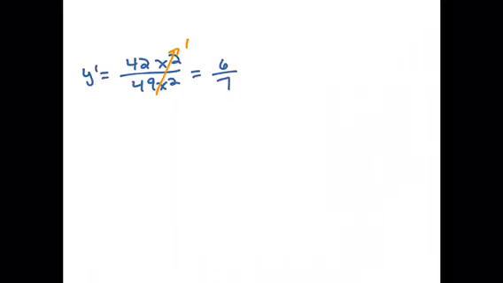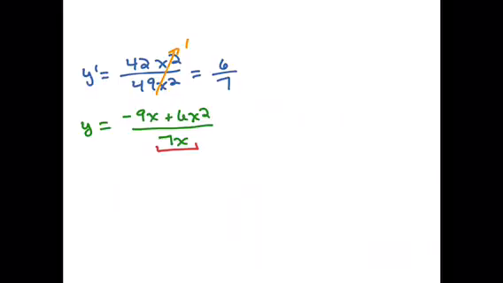Now, I want to go back and look at the original function we were working with. For this function, we only have a single term in the denominator. By that, I mean I don't have more than one term separated by addition or subtraction.